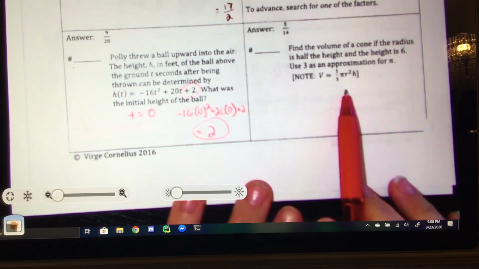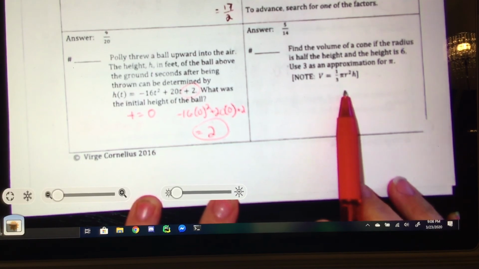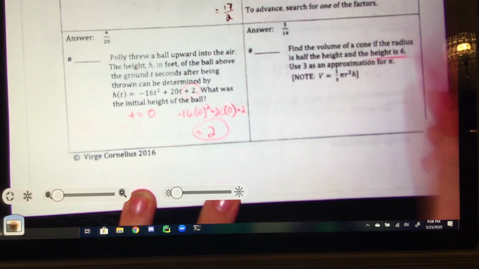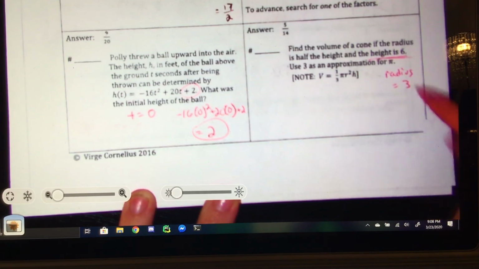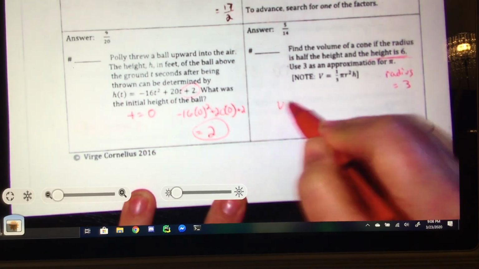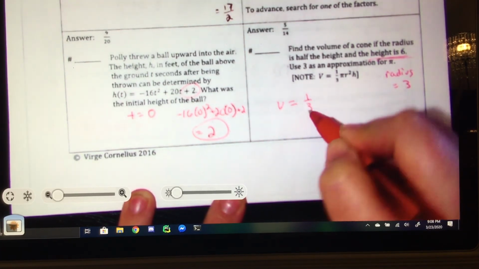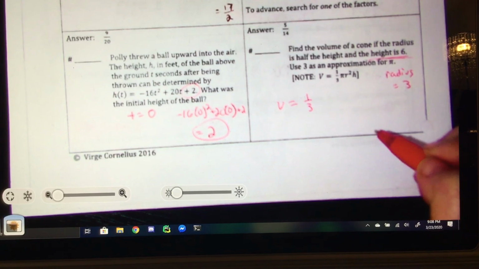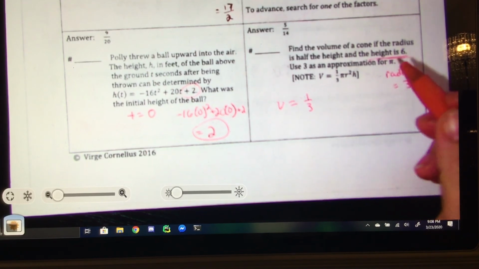And this last one, you just have to plug in the numbers, okay? If the height is 6, that means the radius is going to equal 3. So volume is going to equal 1/3 times pi, which is basically 3.14.